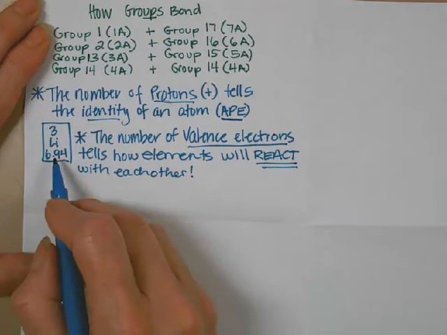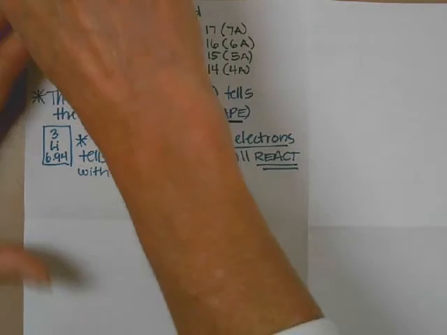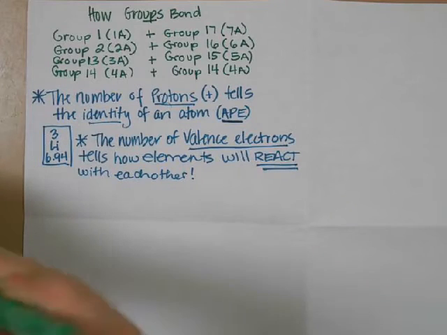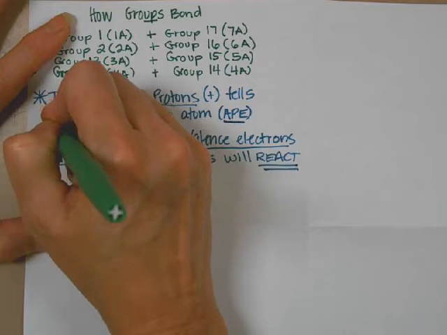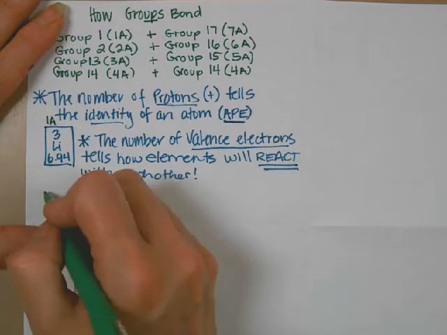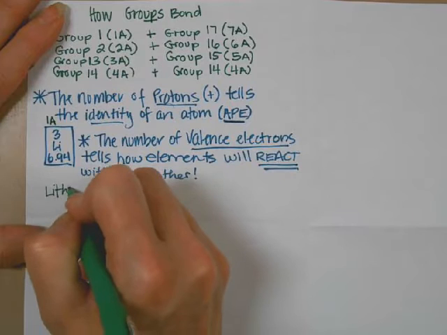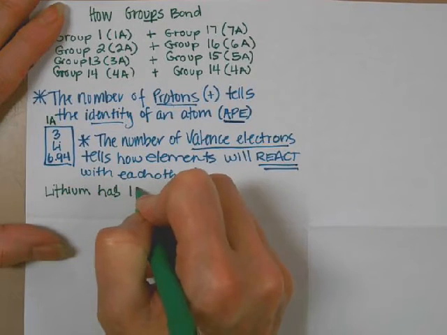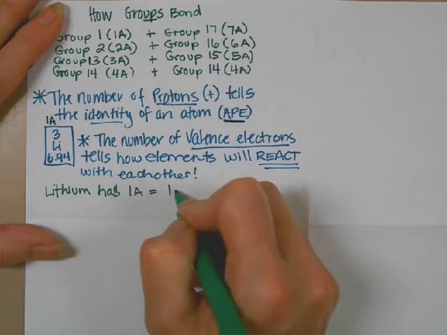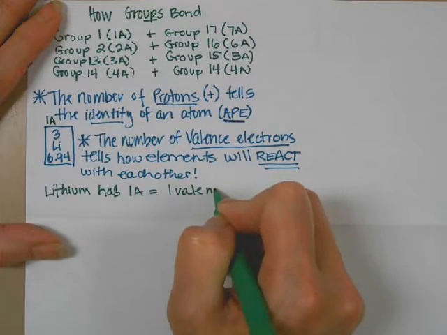So if we look at our example of lithium, lithium is in group 1, or 1A, meaning 1 valence electron.